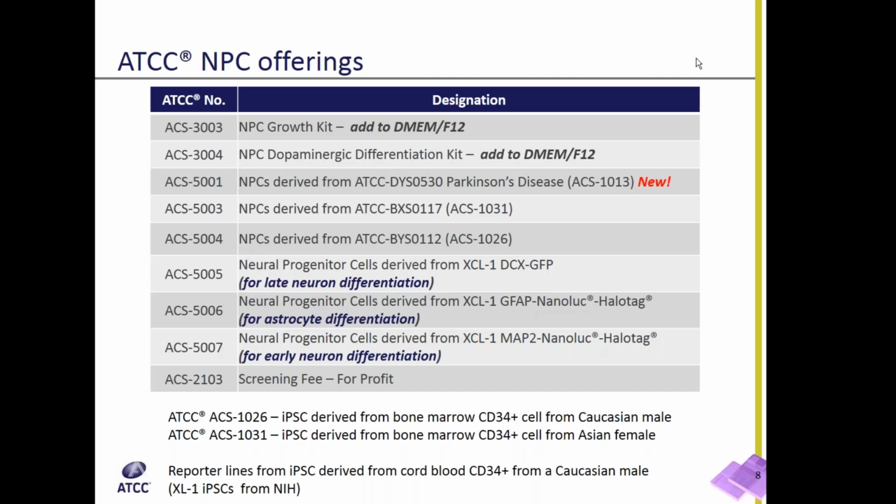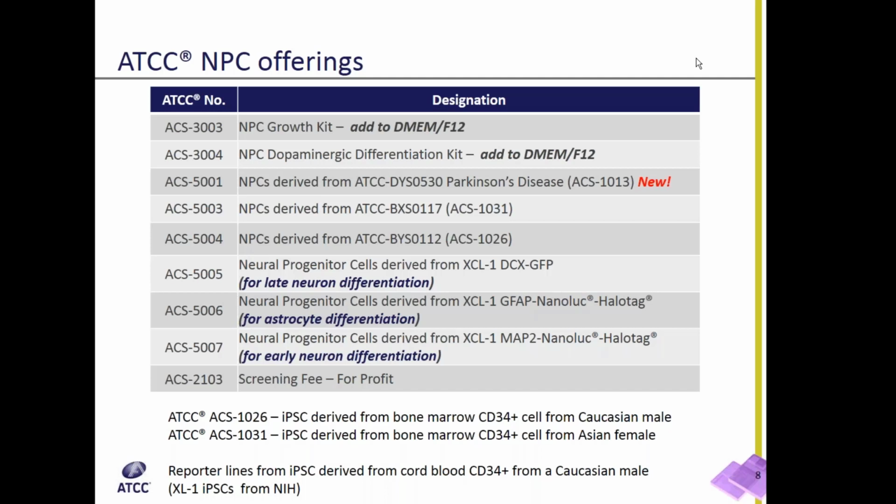And ACS 5007 has a MAP2 NanoLuc HaloTag reporter, which informs early neuron differentiation. So as I mentioned before, I'm going to be focusing on ACS 5001 and ACS 5003 in the neurological study. But we're also going to be looking at ACS 5007.